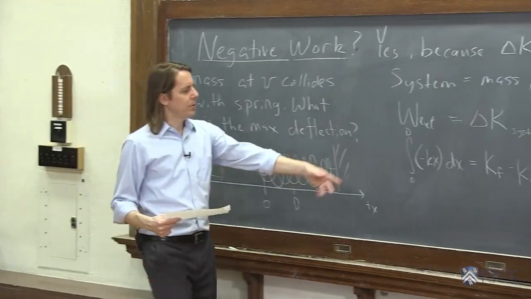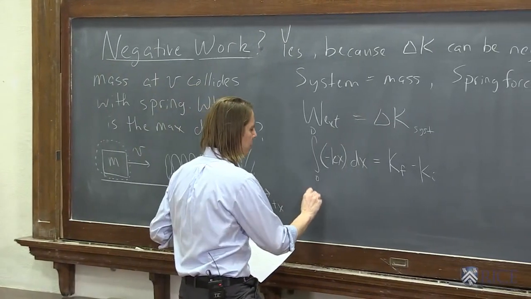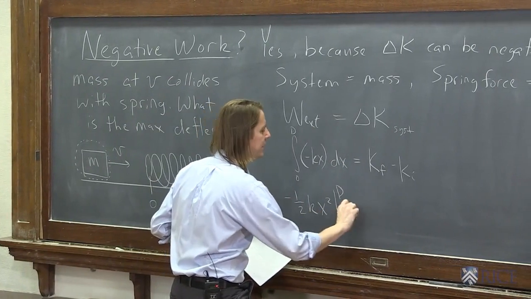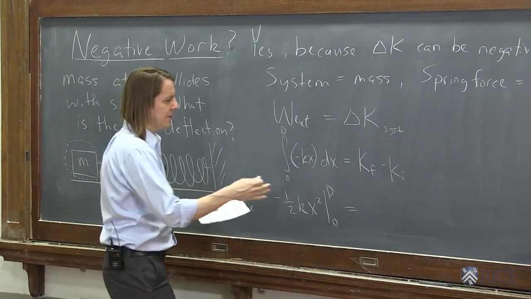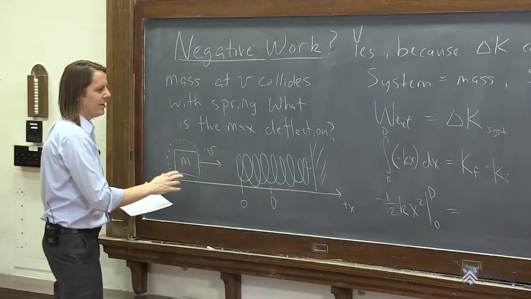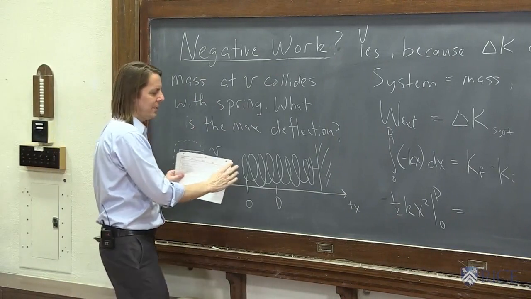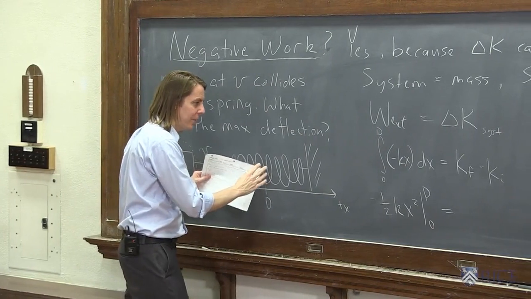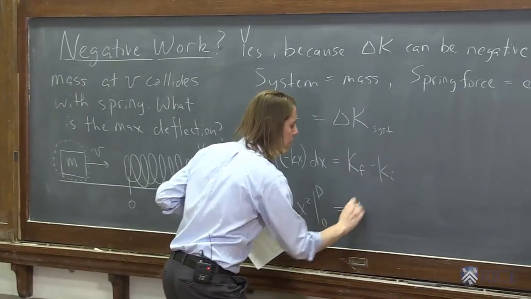All right, well, let's do our integral. This is minus 1/2 kx squared, evaluated from 0 to big D. And this is, let's think about it. The final kinetic energy is 0. We're figuring out how far it deflects before it stops. So that's 0.